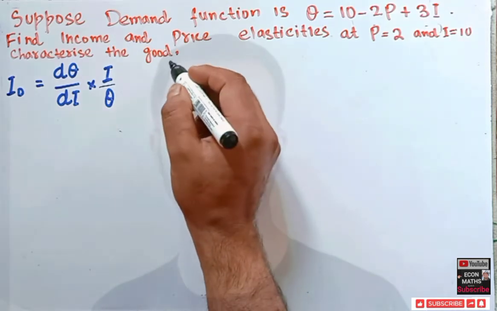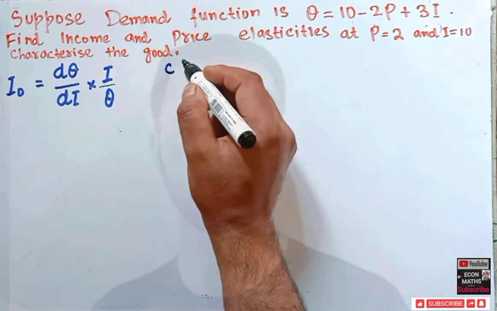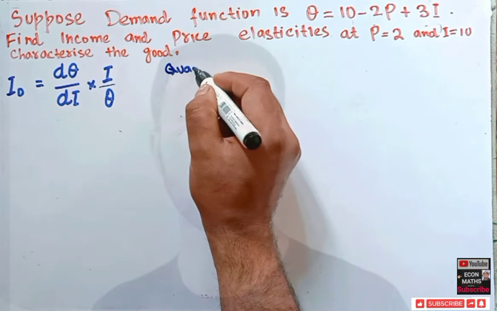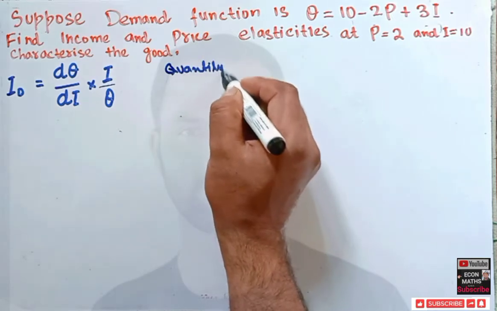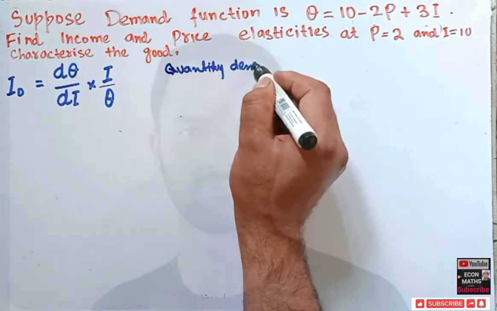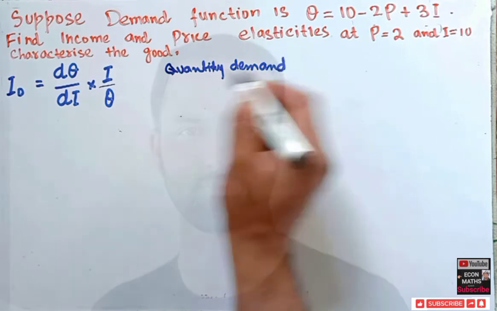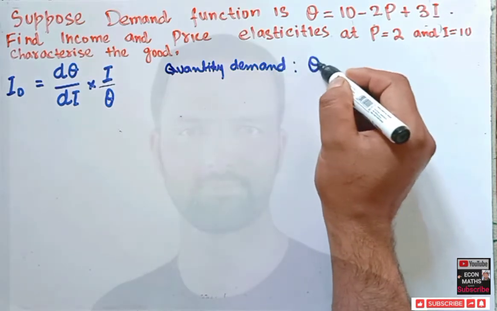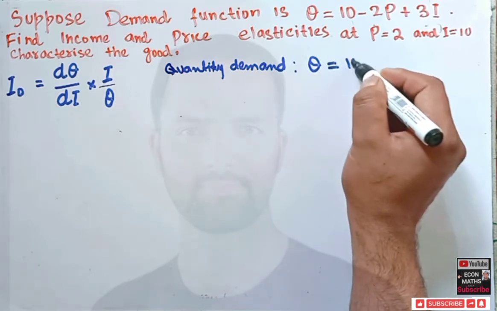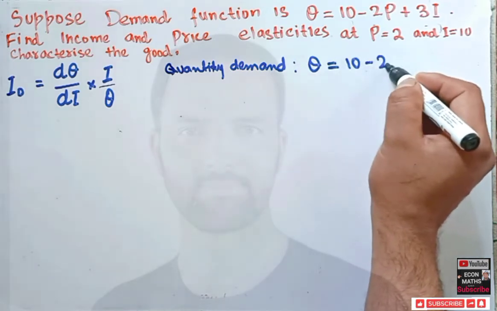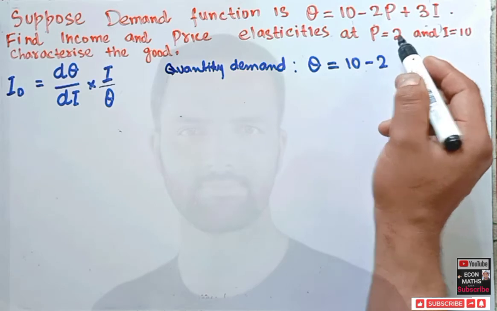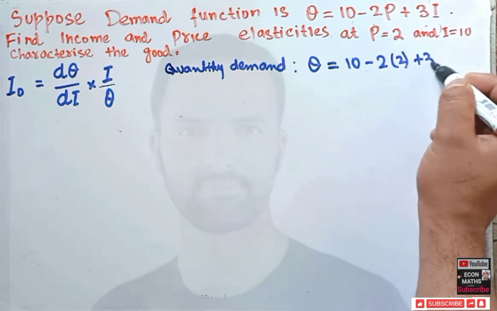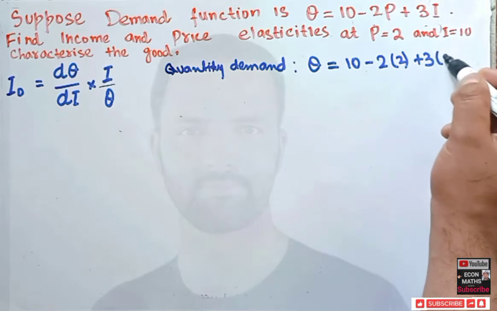We will calculate the quantity demanded first to get the value of this q. So quantity demanded is equal to, that is q is equal to 10 minus 2 times the original price, which is given as 2, plus 3 times I, the value of I is 10.